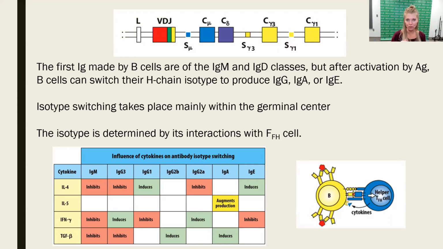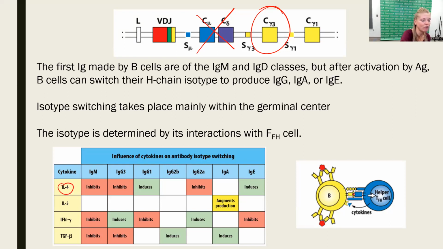And so this isotype switching, which we've talked about a few times, where we take out the mu and the delta, and we start to use the gammas, the alphas, the epsilons, occurs when the B cells are in the germinal center. And then the isotype that is selected is completely dependent on the T follicular helper cell and what types of cytokine is being produced.